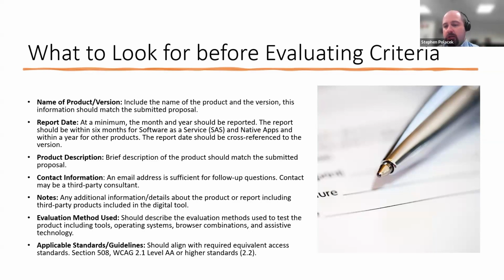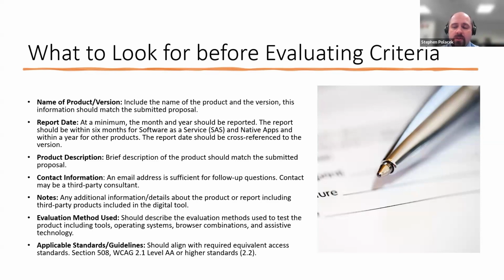In this case, their contact information will likely be here. Notes is any additional information or details about the product or report, including third-party products included in the digital tool. So if they have included any plugins or widgets from somewhere else, or if there's other information that's needed, like login info or some other form of access, that can be put here.